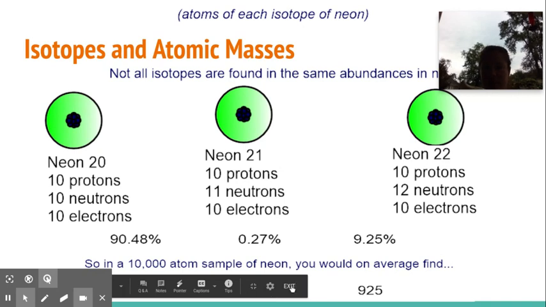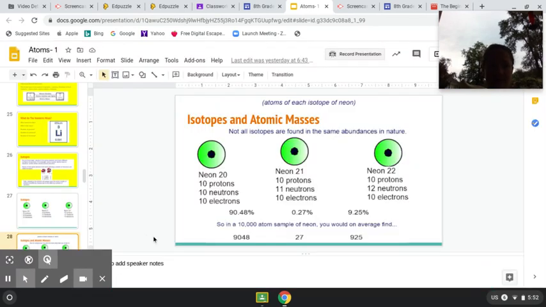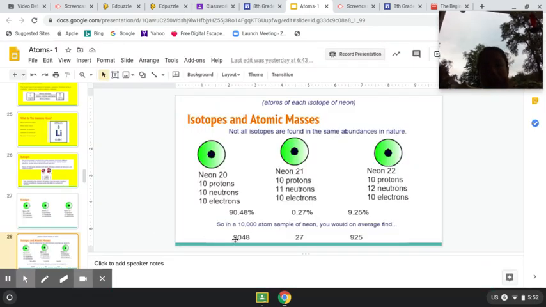I'm just going to shrink this down so we can see what it says. You would multiply 10,000 times 90.48%. Remember, you have to move the decimal over 2 places. So it would be 0.9048 times 10,000, and you would get 9,048.